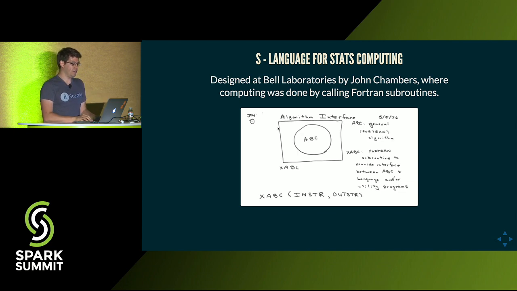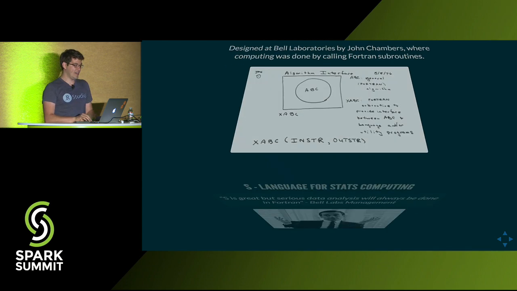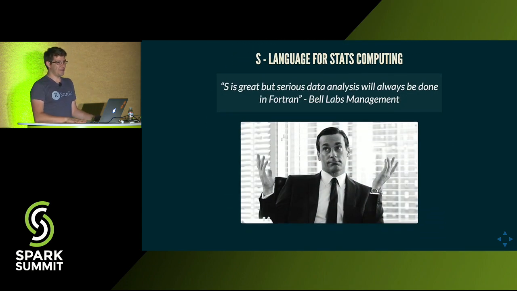That's the general overview. And obviously, like any programming language, there are trade-offs, right? And even back then, this was the comment that, quoting John Chambers, Bell Labs management mentioned. It says, well, S is great, but serious data analysis will always be done in Fortran. And to this date, this trade-off is still true, right?